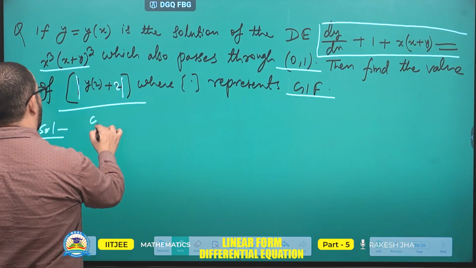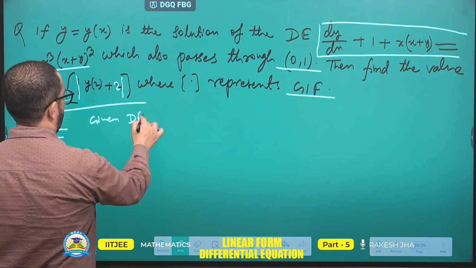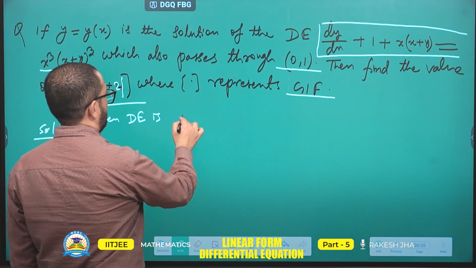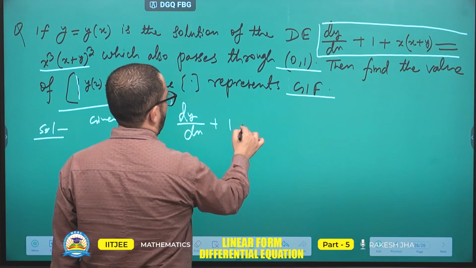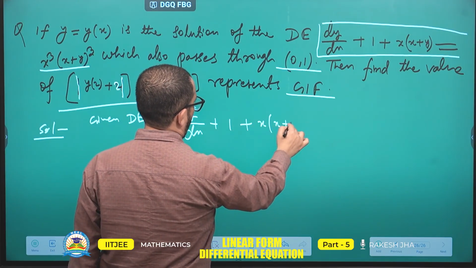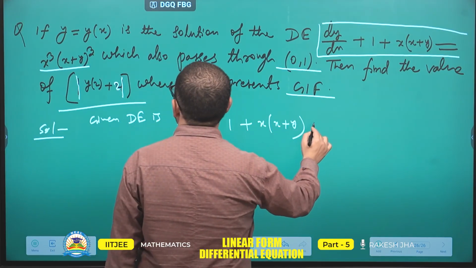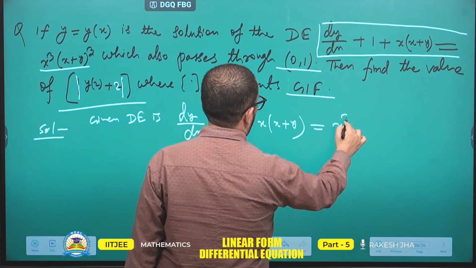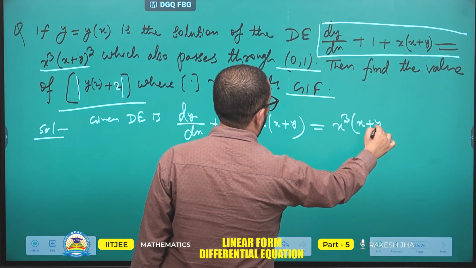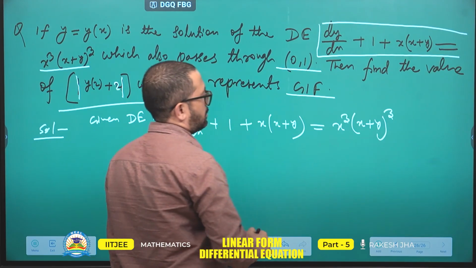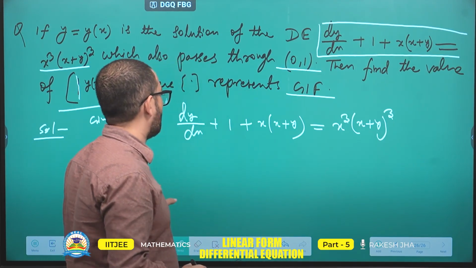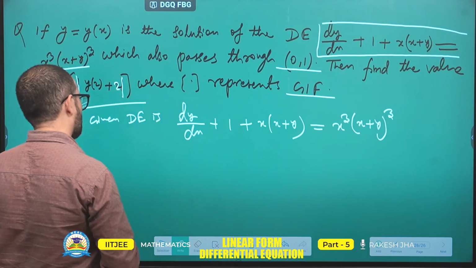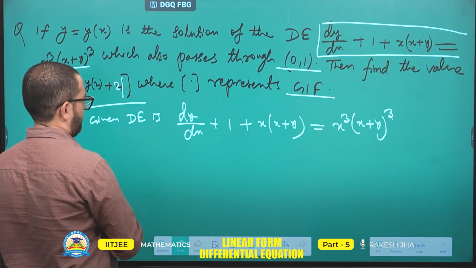For this we have the given differential equation: dy by dx plus (1 plus x) times (x plus y) is equal to x cube times (x plus y) whole cube. For these types of questions, we can firstly go for substitution. What comes to our mind instantly is x plus y.